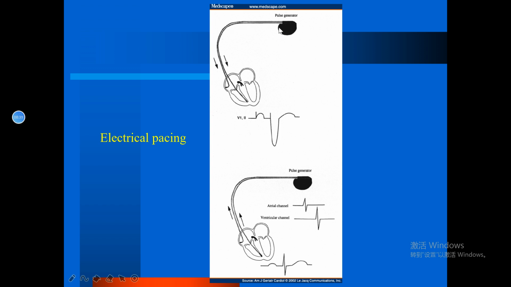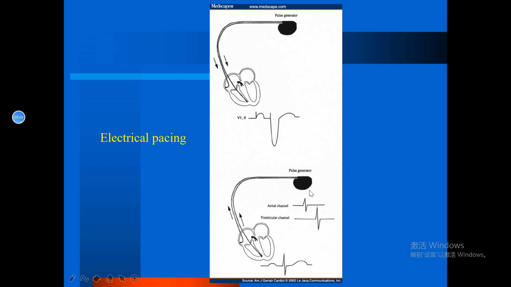The electrical activities come from this lead, which can be placed at the apex of the right ventricle. It can produce electrical activities. We call it electrical pacing. And it's only one lead, so we call it a single chamber pacemaker.